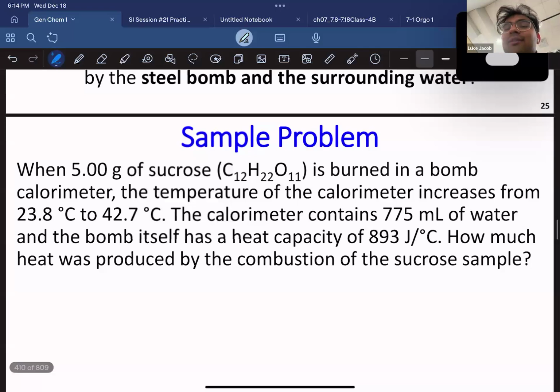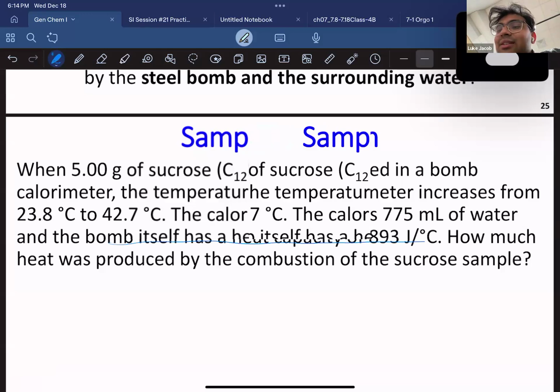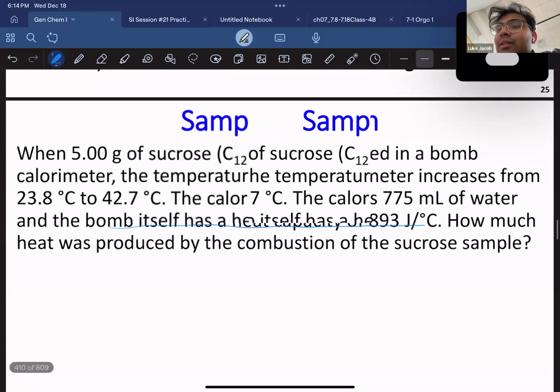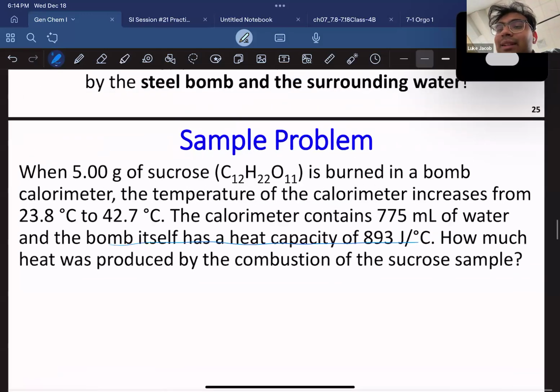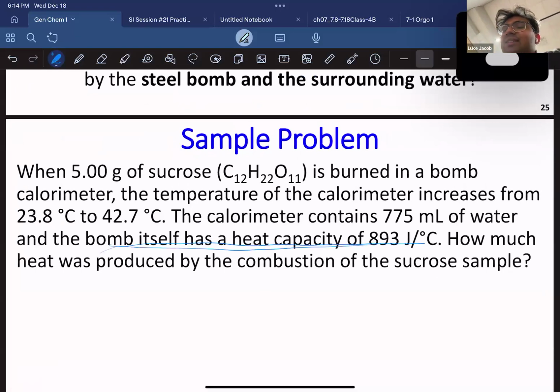So in this question, instead of what we had in the test, it's told the bomb itself had a heat capacity of this. So instead of what we did on the test, where the Q of calorimeter equals Q of Snickers bar, this question does Q of bomb plus Q of water equals Q of, in this case, sucrose.